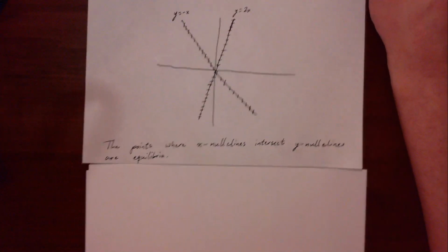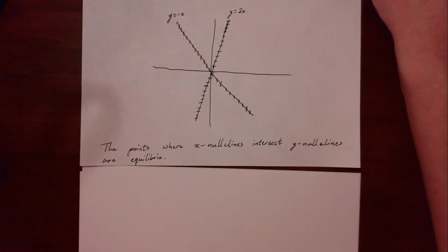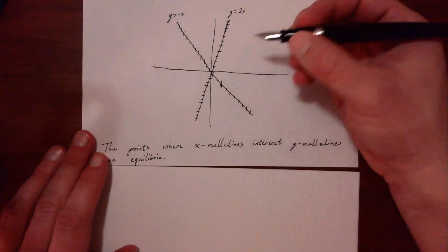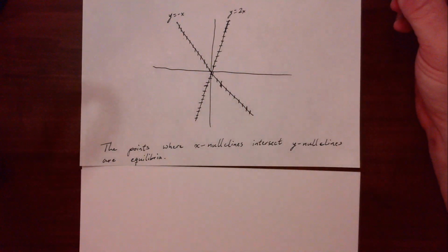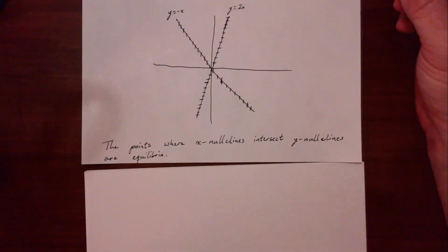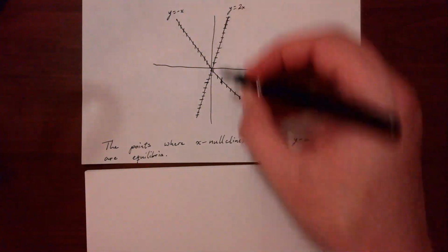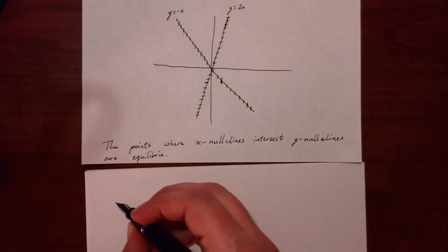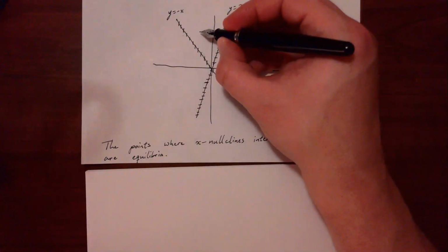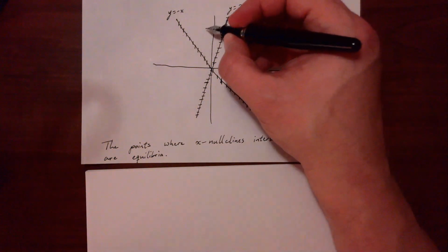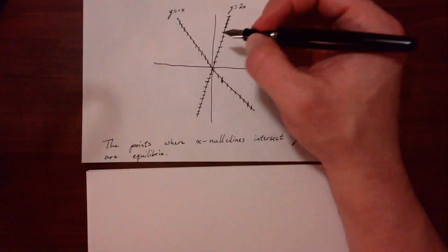Any solution that starts there will remain there. After that, who knows where it might go. So if it starts somewhere outside of that, it will be going in one direction or another. All right. Now, for each of the sections that are marked off by these nullclines, here we can see there are 4 regions to our curve.